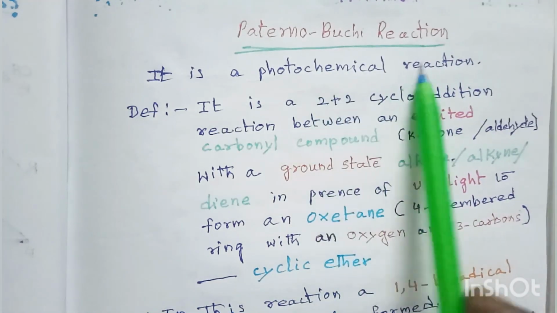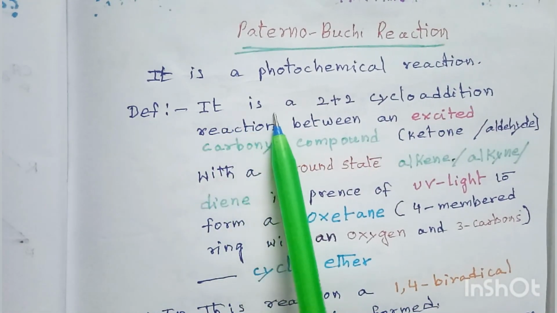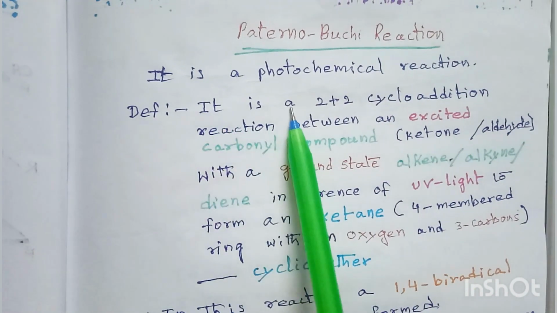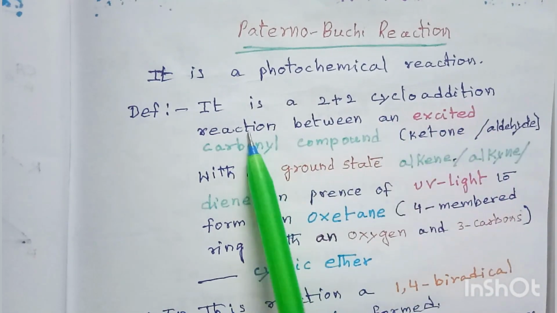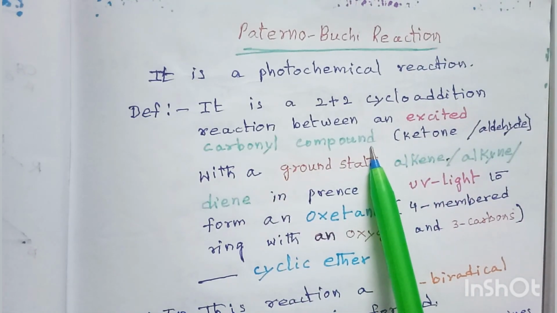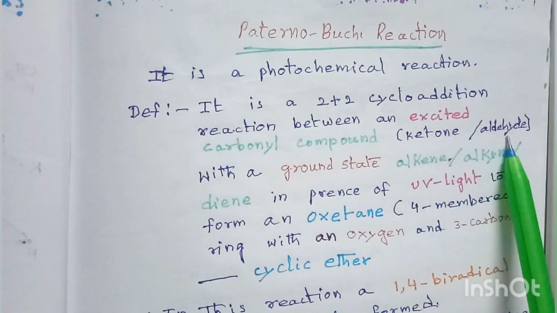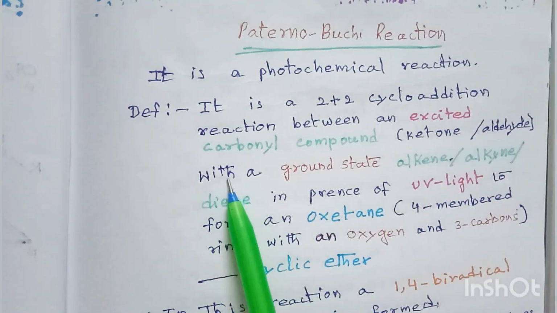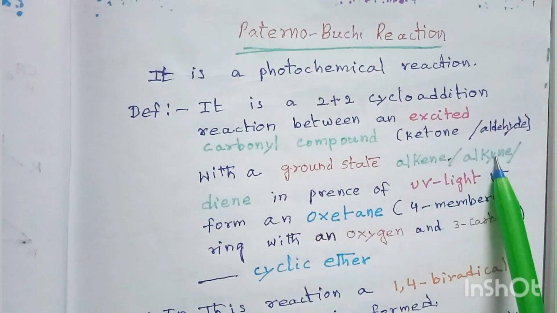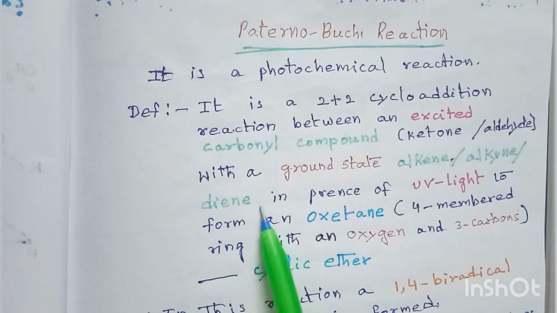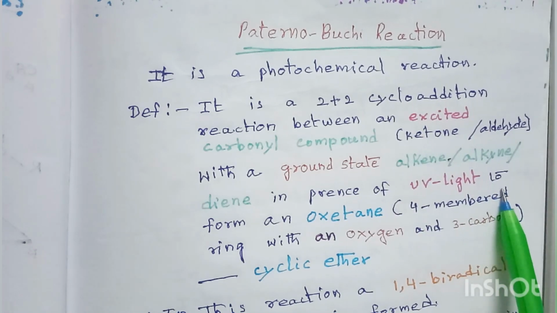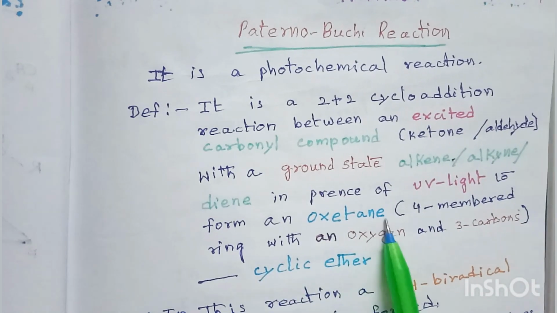What is Paterno-Buchi reaction? It is a photochemical reaction. It is a 2+2 cycloaddition reaction between an excited carbonyl compound, that can be a ketone or an aldehyde, with a ground state alkene or alkyne or a diene in presence of UV light, and it forms an oxetane.